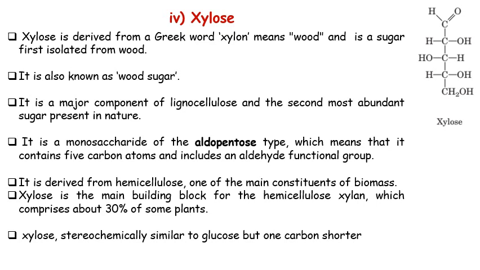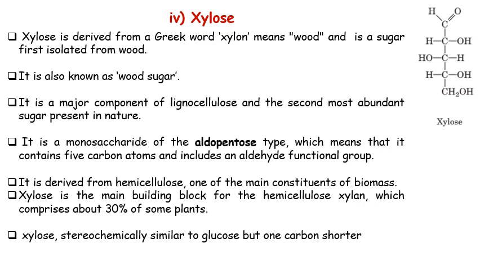It is a monosaccharide of the aldopentose type, meaning it has 5 carbon atoms and an aldehyde group, which is why it is called aldopentose: 5 carbon atoms and an aldehyde as a functional group. It is derived from hemicellulose, one of the main constituents of biomass, meaning the overall biomass of a given plant.